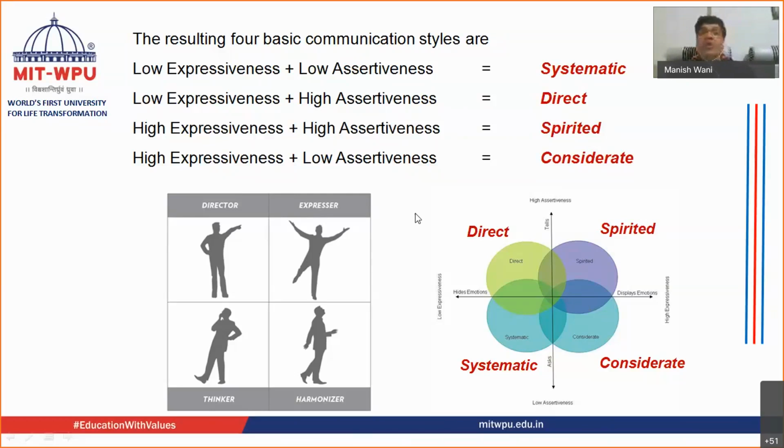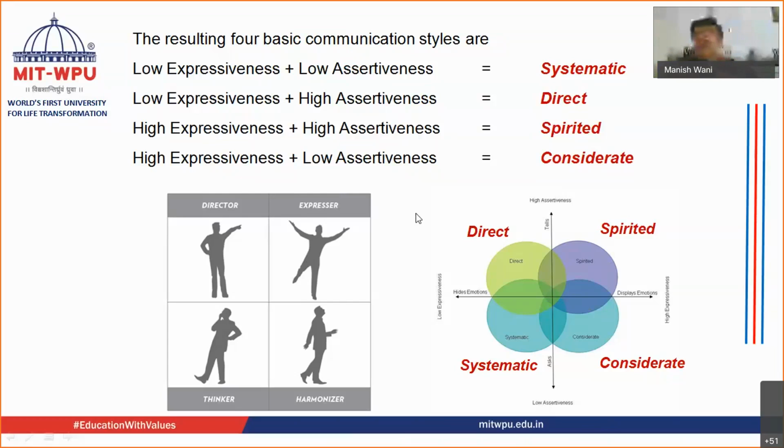So fine. If you have understood it, then tomorrow, depending upon this matrix, we are going to study each communication style in great detail. Tomorrow we are going to study direct and systematic communication style, and I am going to give you tips. First of all, you have to try to understand where in this matrix you fit yourself.